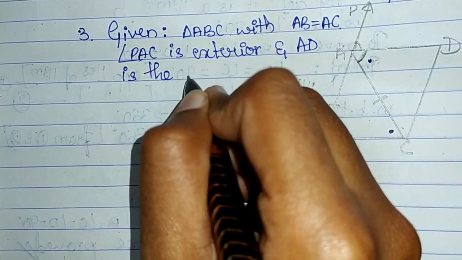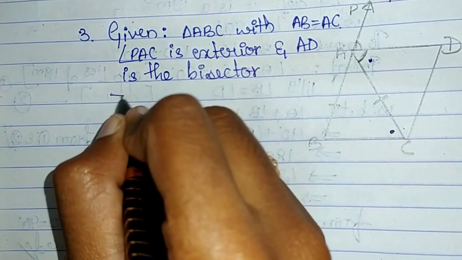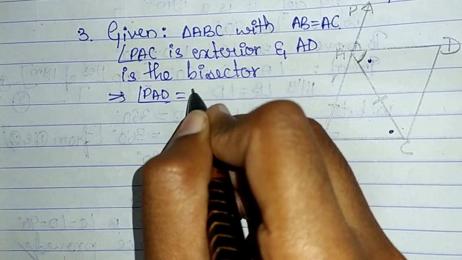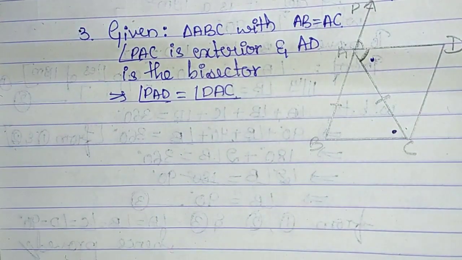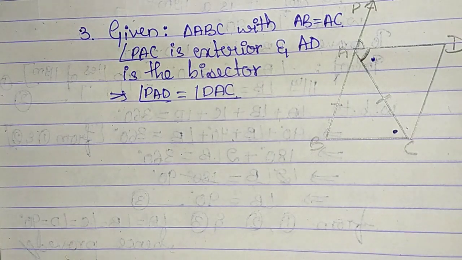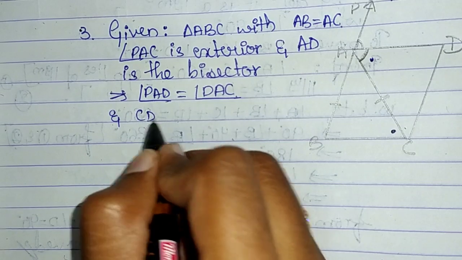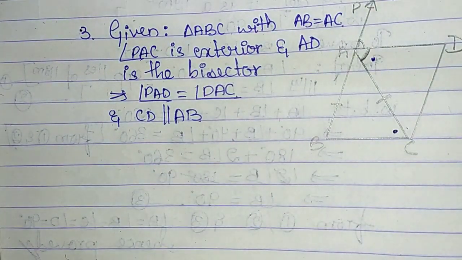So this implies angle PAD is equal to angle DAC. So this has been given to us. They have told us that CD is parallel to AB. This all information has also been given.